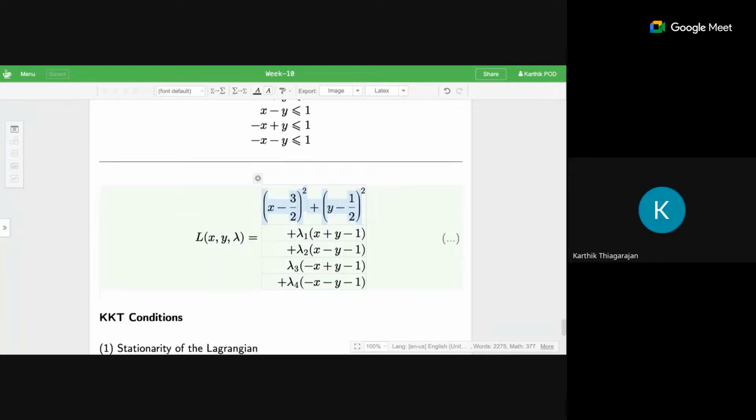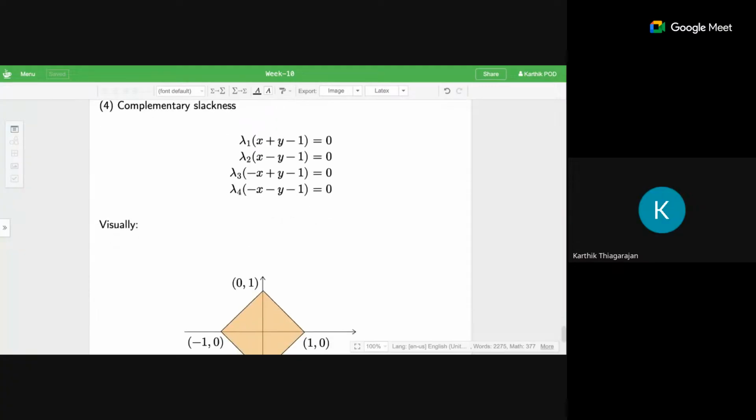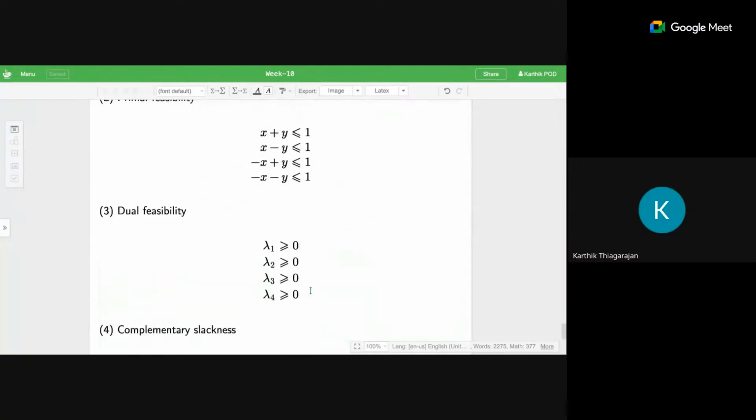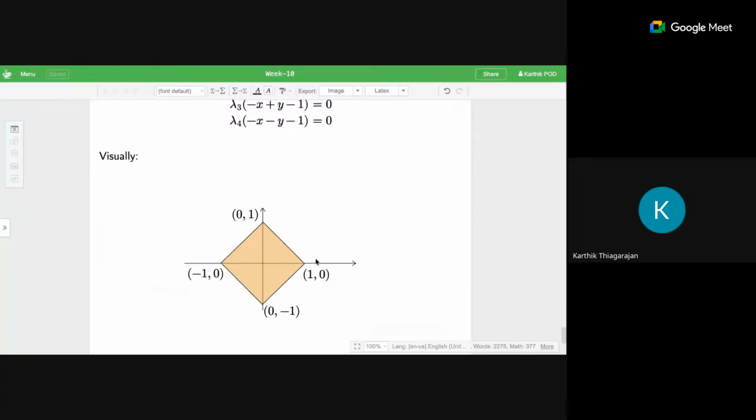Okay, so if you draw the contours, you'll get circles. These circles are centered at (3/2, 1/2). So 3/2 is somewhere here, correct? 1.5 comma half. So the smaller the circle, the smaller the function's value.